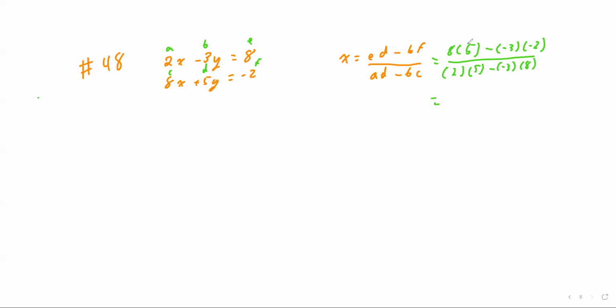There we go. So that's going to be 40. That's going to be a positive and a negative, so that's minus 6. And then this would be 10. And then that's going to be a positive 24. So then that gives me 34 over 34. So that gives me 1.